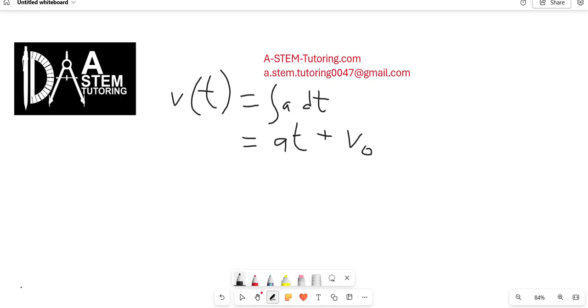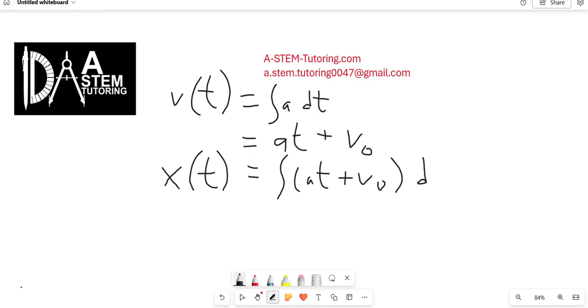But if velocity is the rate of change of position, that means position is the integral of velocity. So we have the integral of the quantity at plus v naught dt.